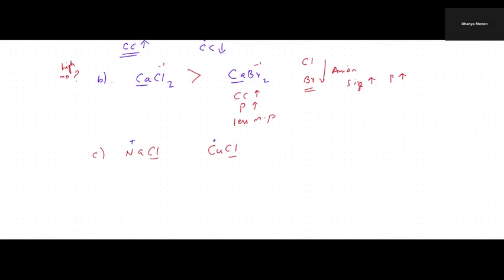Now, we just studied for copper cation, what kind of configuration? Pseudo noble gas configuration for copper. So directly we can say polarizing power is more. So if the polarizing power is more, covalent character is more. What about the melting point? Melting point is less. So who has more melting point comparatively? Sodium chloride. The reason I have written it down.